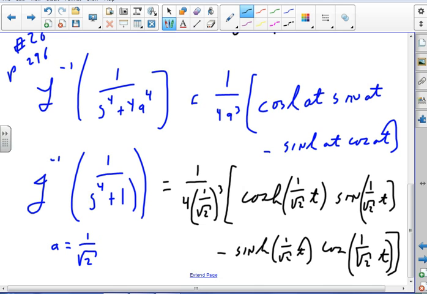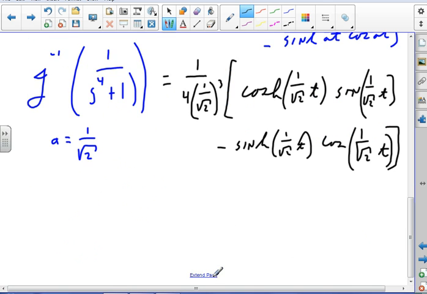Now, I probably wouldn't leave it that way because my 9th grade algebra instructor would tell me that I would have to go and rationalize my denominators, right? So this is going to be 2 over the square root of 2, which would be the square root of 2 over 2, right? So that's the square root of 2 over 2. This is 2 over the square root of 2.